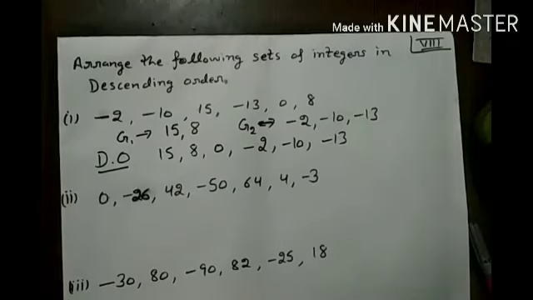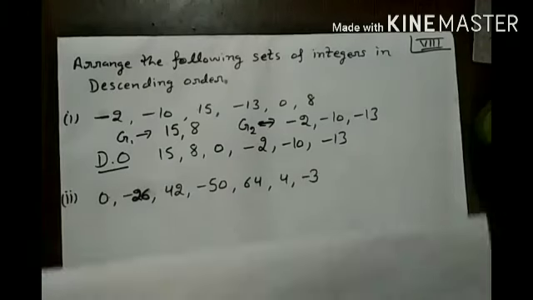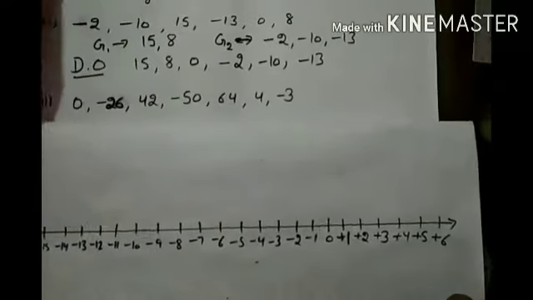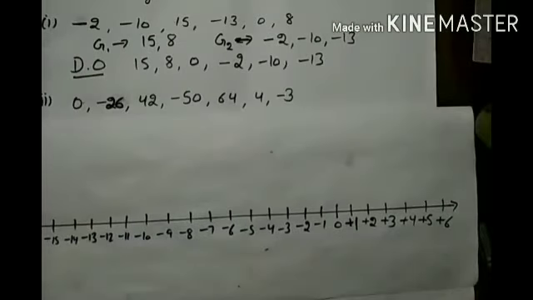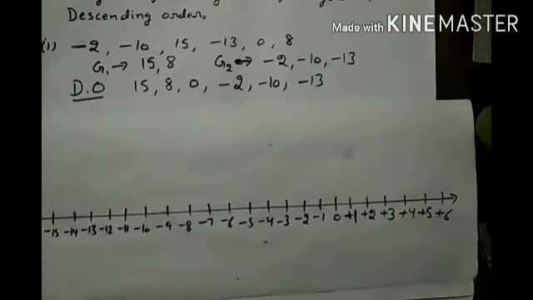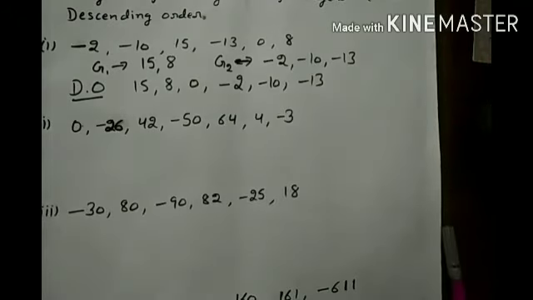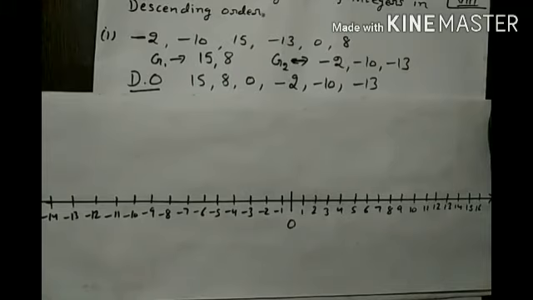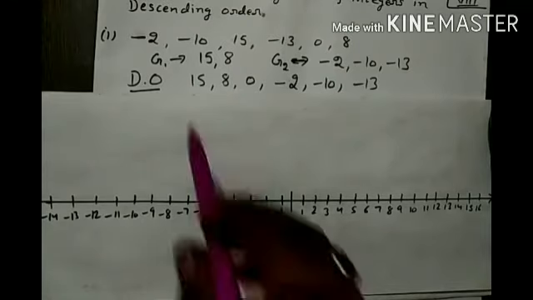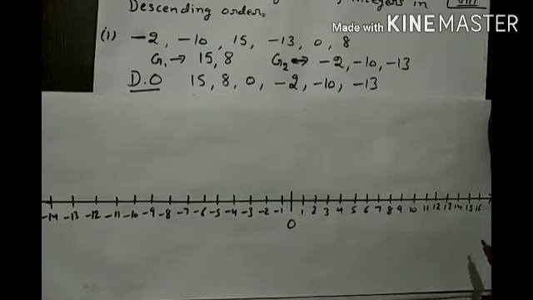So this is my answer. Now I will verify this answer with the help of the number line. Now you can see this is the number line. For descending order we will move toward the left side. So firstly, if I take 15, here you can see that 15, which we have decided is greatest, is on the rightmost end.